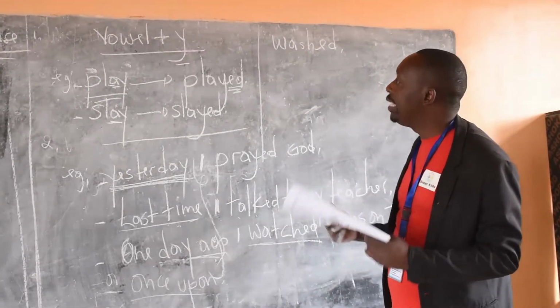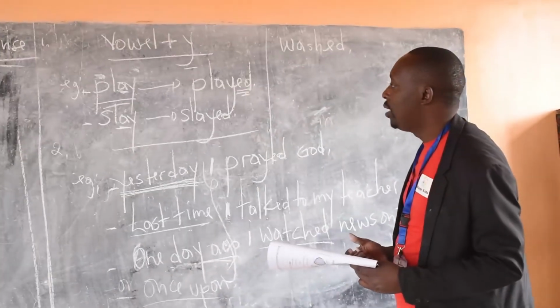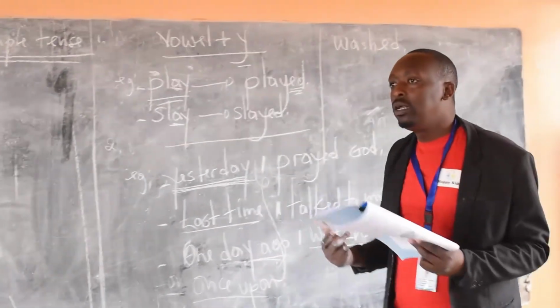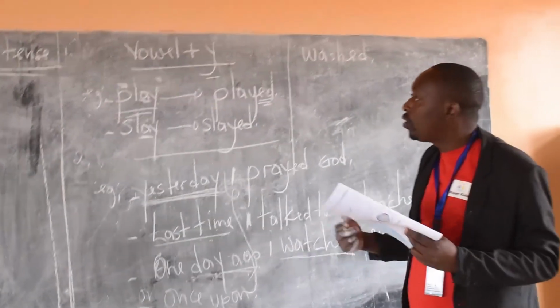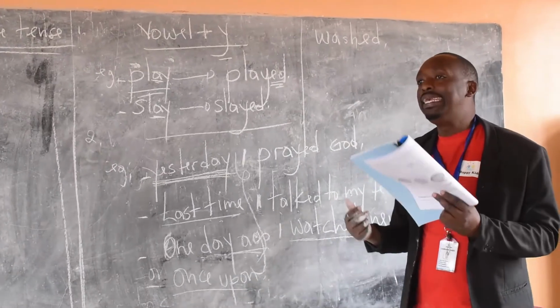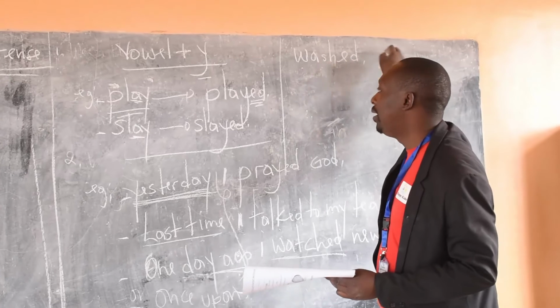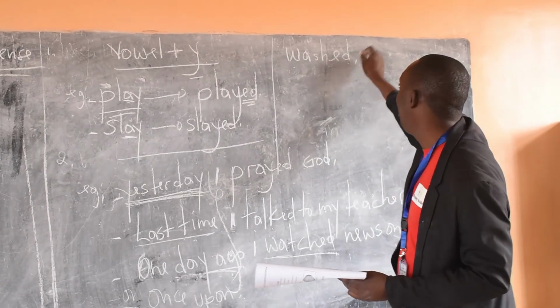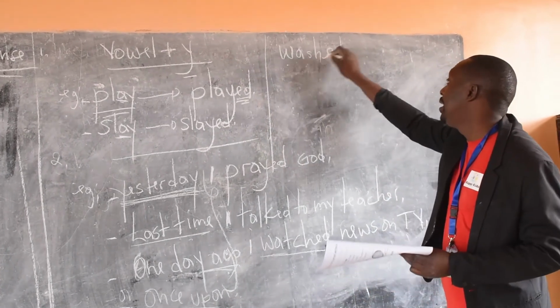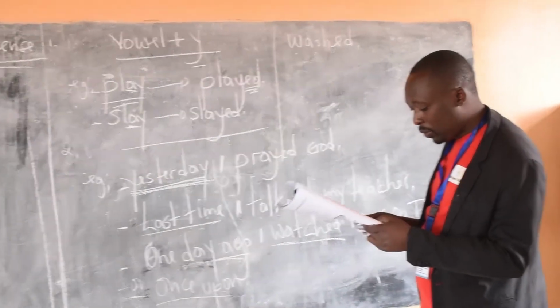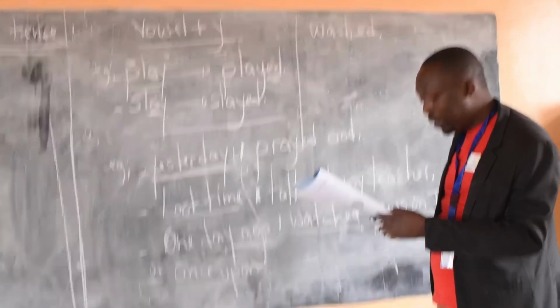Remember the three rules we have seen. The first rule says that most of English verbs, most of regular verbs, take ed in past simple tense or in yesterday tense. So we will add ed on this verb. Okay. The second question, remember we are on page 19.